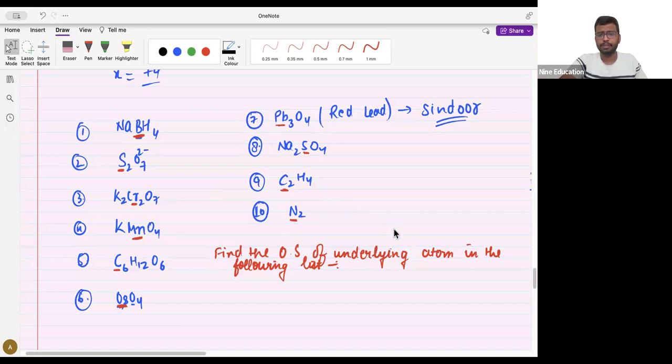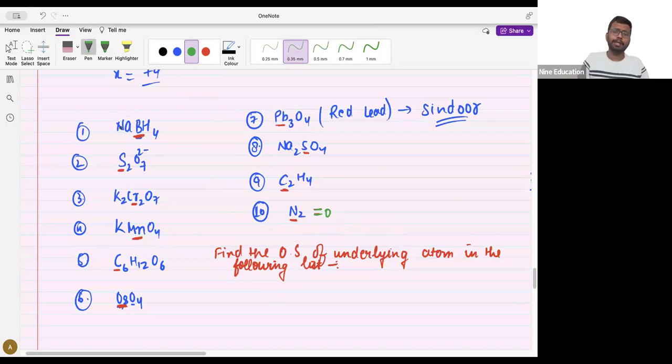The third one is +6. The fifth one is 0. Why is the fifth one 0? Wrong. Should we solve one by one? See, nitrogen is in elemental form, so nitrogen will be 0. So the answer for nitrogen will be 0.